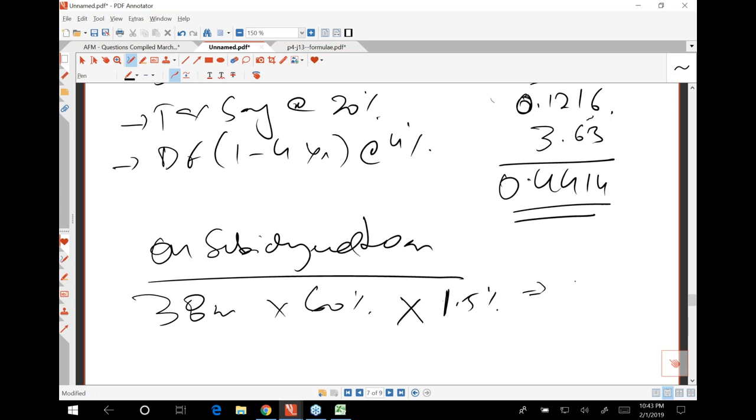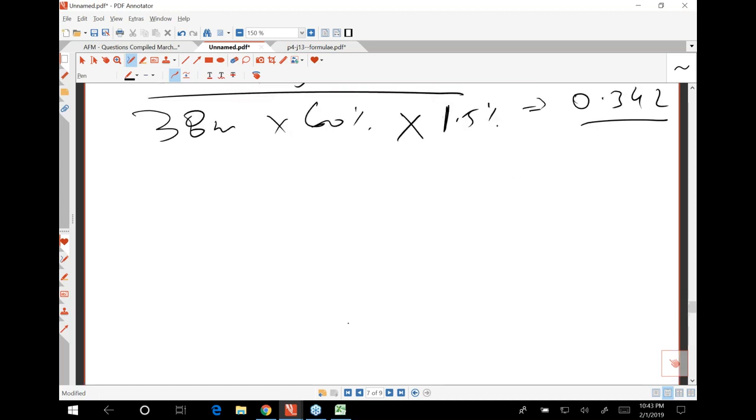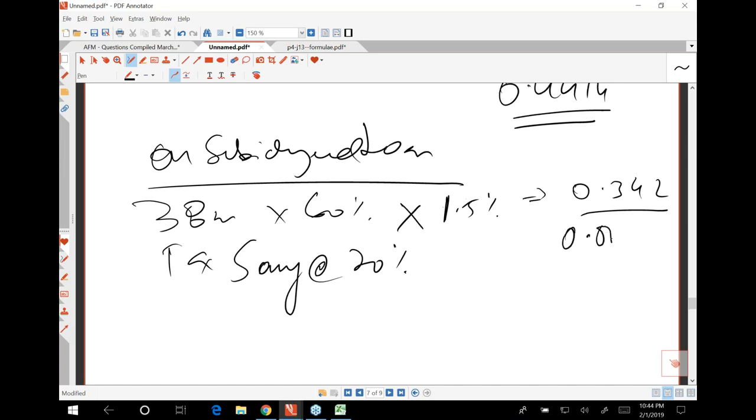Okay, 0.342. And what is the tax saving on this interest? 0.0684. Now, say the 4-year annuity factor at the rate of 1.5%. How much is it?